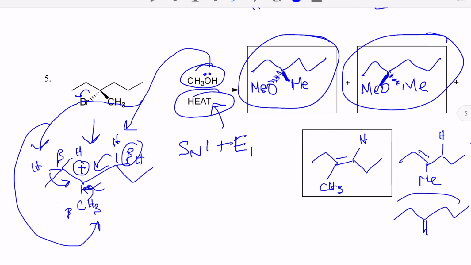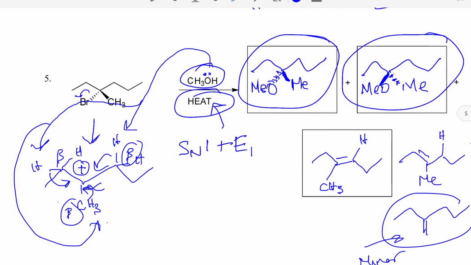And this last option you see right here occurs when you do it at this beta carbon. So this would actually be the minor product because it's the least substituted. And since we're not dealing with a bulky base here, we don't have to worry about the whole anomaly of Hofmann and Zaitsev products.